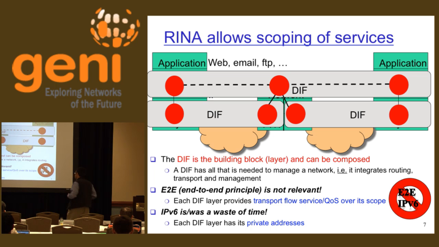So you can imagine that everyone could potentially be an end for communication. We don't need IPv6 and things like that because each DIF level will have its private address space. Okay, so you assign addresses to processes inside the DIF. You don't need a global address space. You will need a global namespace if you want to reach remote services, but you don't need a global address space.